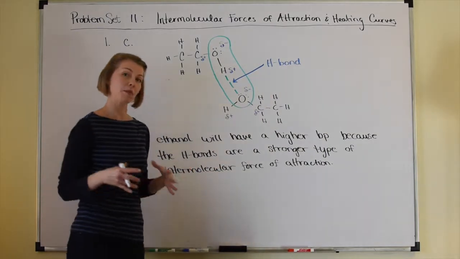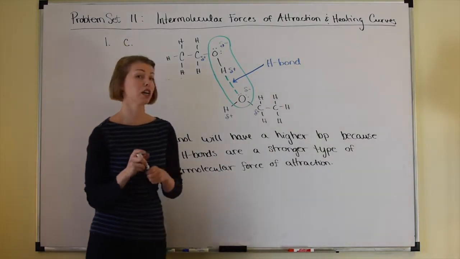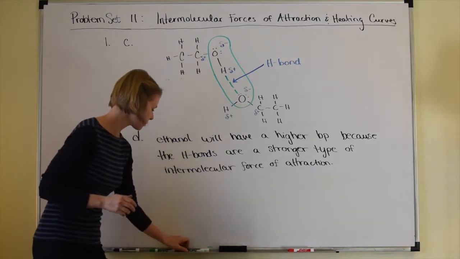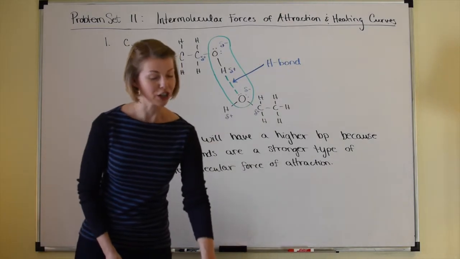So again, it's going to take more heat energy to rip apart those intermolecular forces of attraction that are stronger. Okay, that completes number 1. Let's erase here and go on to number 2.